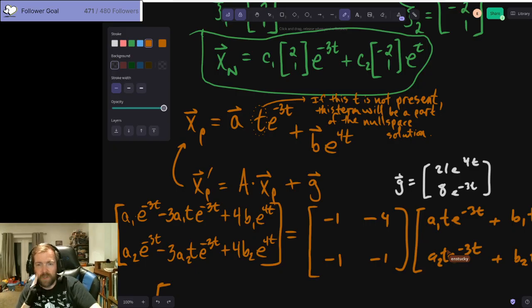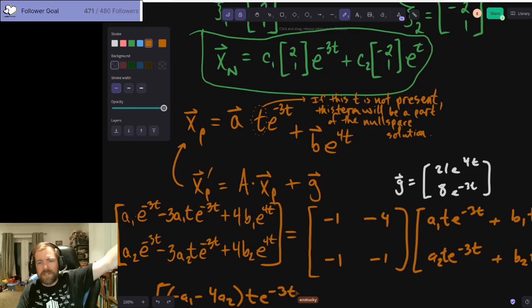So we do want to include those. The only reason that we're not doing it here and saying, okay, it's going to be a times t e to the negative 3t and c times e to the negative 3t is because we already have a c times e to the negative 3t as part of the null space. So yes, thank you for talking that out.